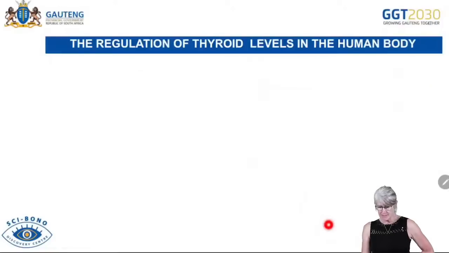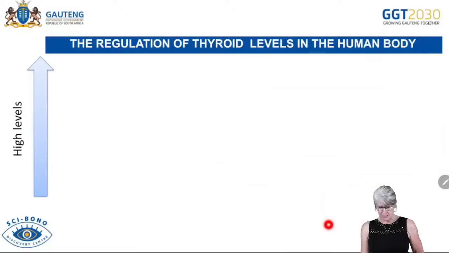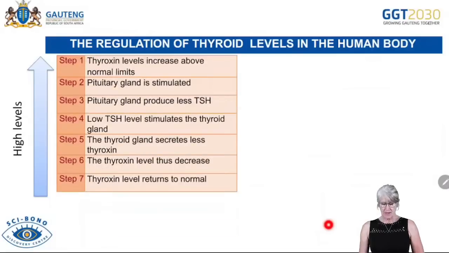Okay, so whether we look at the regulation of thyroxine levels in your body when they're high, if the thyroxine levels are very high, then that means the pituitary doesn't need to produce so much TSH, so it's going to produce less TSH, because remember TSH is the thyroid stimulating hormone, and if I've got lower levels of thyroid stimulating hormone, my thyroid is going to be stimulated less, and then it's going to produce and secrete less thyroxine, and that will bring the levels back to normal.